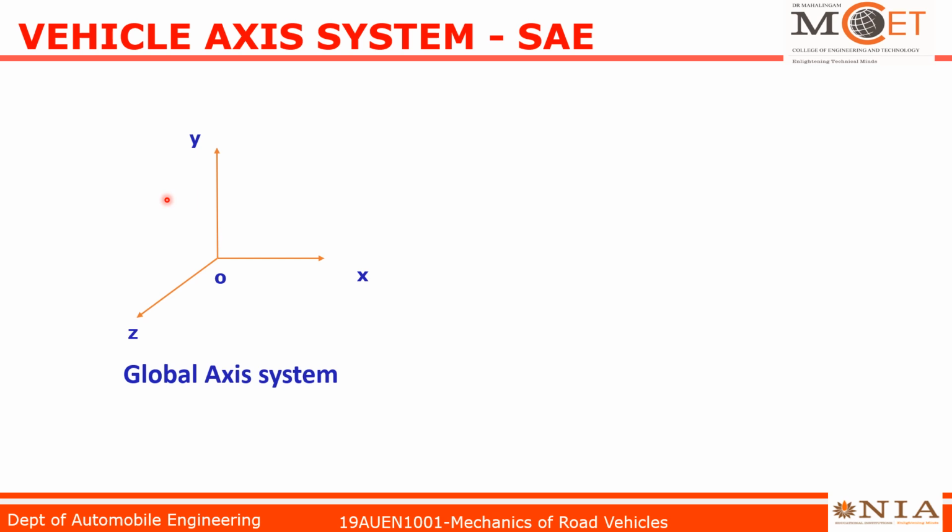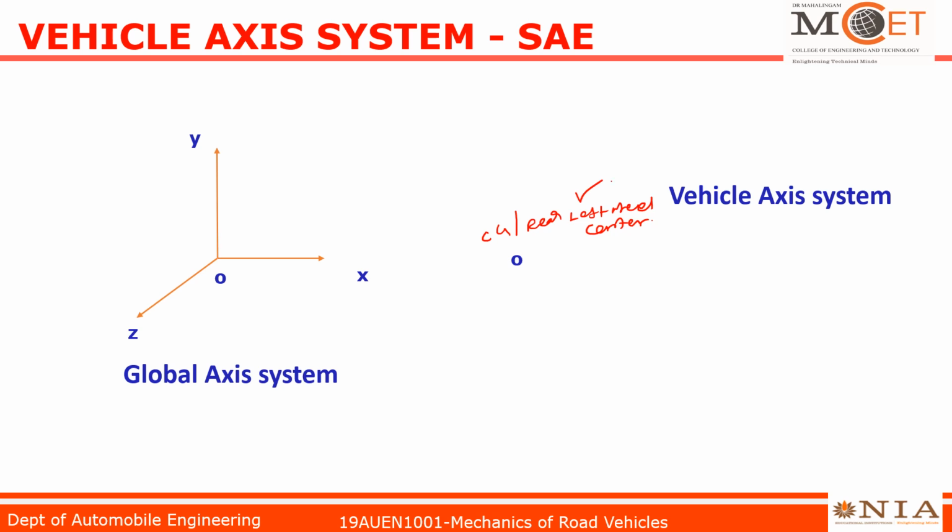But the SAE vehicle axis system is totally different from the global axis system. We mark point O at the CG point, or we take it at the rear left wheel center point.